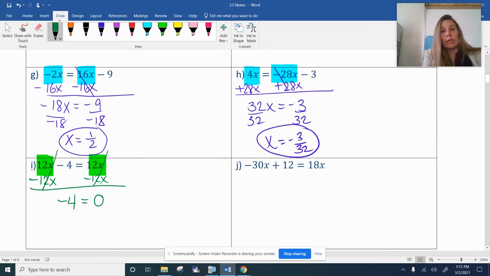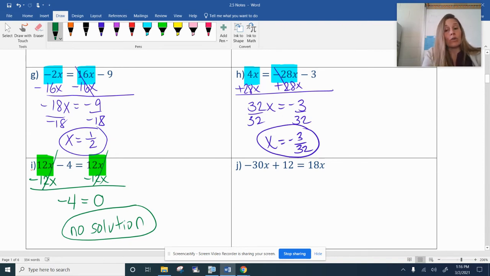Whenever all of your variables cancel, whatever you're left with is going to tell you what kind of solution you have. Is it no solution or is it infinitely many? In this case, it's going to be no solution because -4 does not equal 0. It's a false statement. If you ended up with -4 equaled -4 or 0 equals 0 or something that's true, then it would be infinitely many solutions.